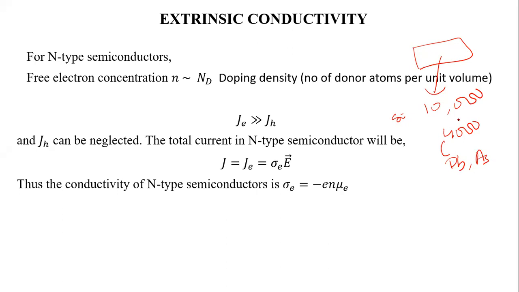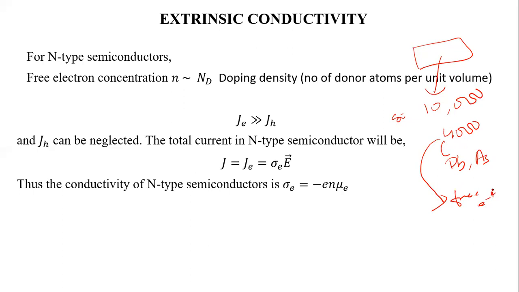That means in these 10,000 silicon atoms, you will be having 4,000 free electrons, because we said that one pentavalent atom contributes one free electron. So we will have these many free electrons.